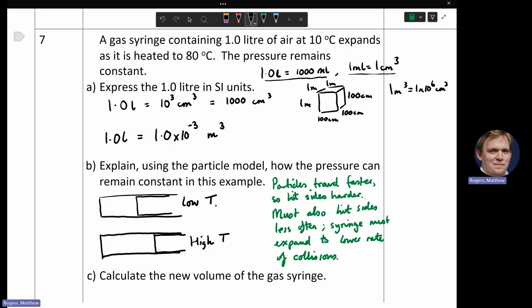Now, this is quite a difficult diagram to draw. I suppose the bit that we could concentrate on is the fact that the horizontal dimensions are the only ones that matter. It hasn't expanded in the vertical direction.